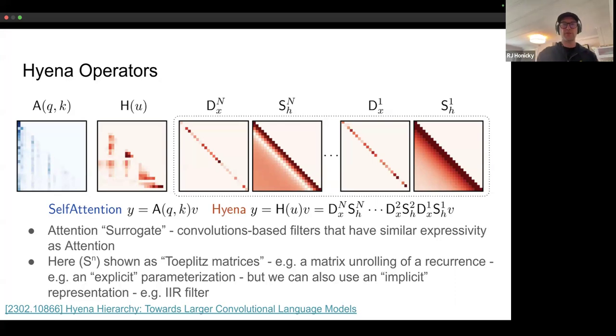This is an example of a type of state space model. The reason you would want to do that is because convolutions are more efficient to calculate than a full self-attention matrix, right?